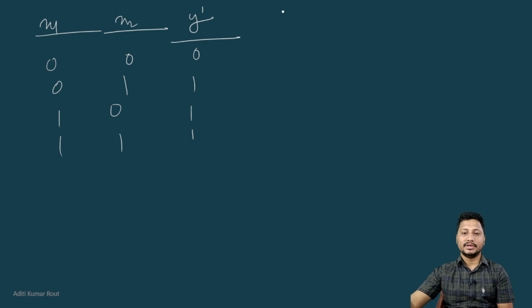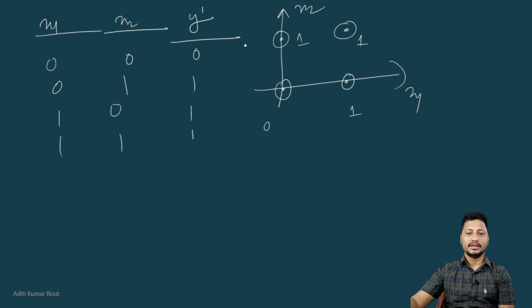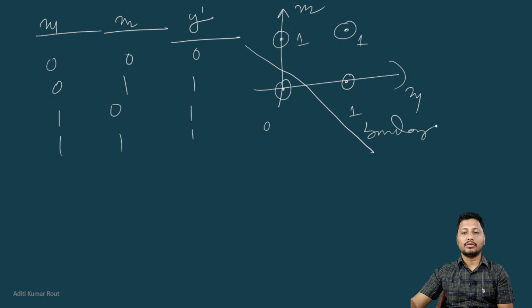If you put it geometrically, x1 here, x2 here, so here 0 0, here 1 0, here 0 1 and 1 1. For 1 1 you are always getting a 0, so you can have this type of boundary. This is your boundary equation.